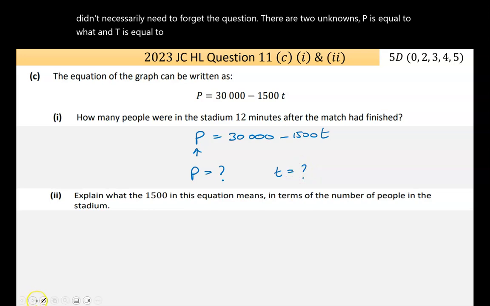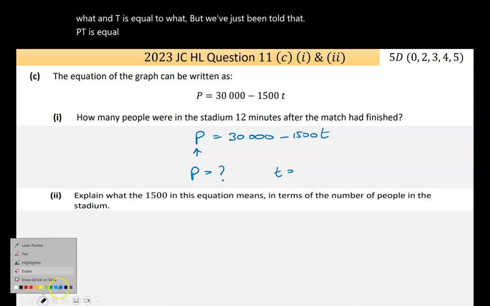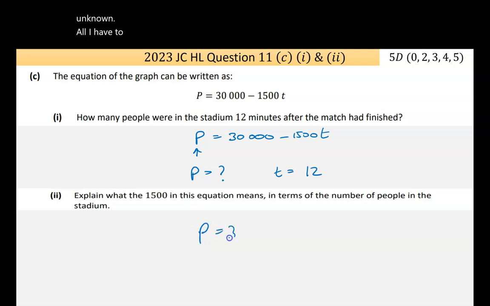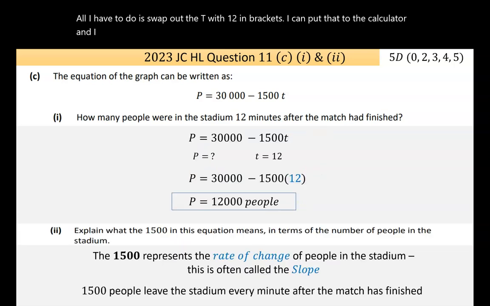But we've just been told that t is equal to 12, okay? So this equation of two unknowns is now an equation of one unknown. All I have to do is swap out the t with 12 in brackets. I can put that through the calculator and I should end up with this answer of 12,000 people.